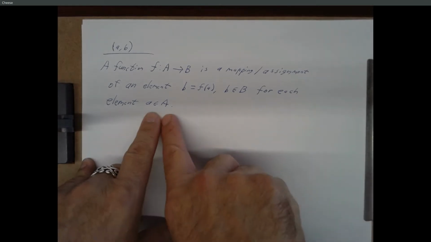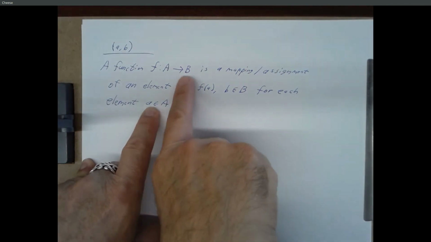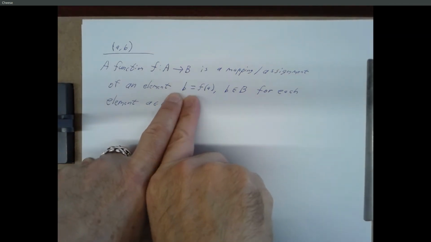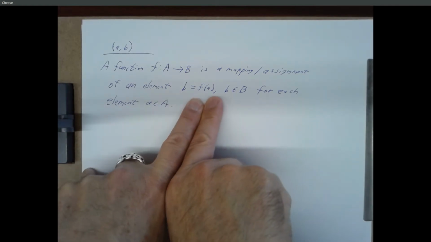So for each element A in the set big A, we have exactly one element B in the set big B associated with that A, and we call that f of A.